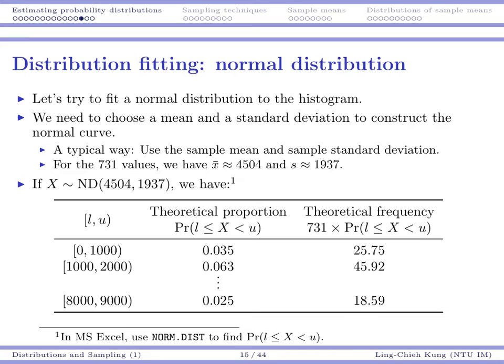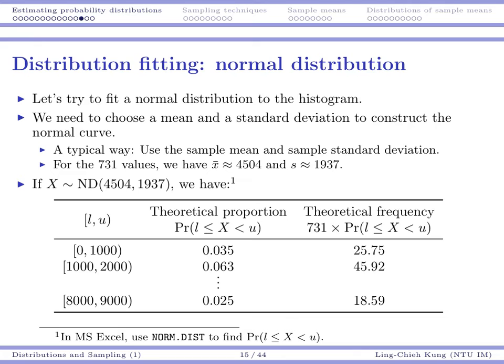I guess for daily bike rentals, it's a normal distribution with mean around 4,500 and a standard deviation around 1,930. If that's the case, then for each class, I'm going to calculate the theoretical proportion.